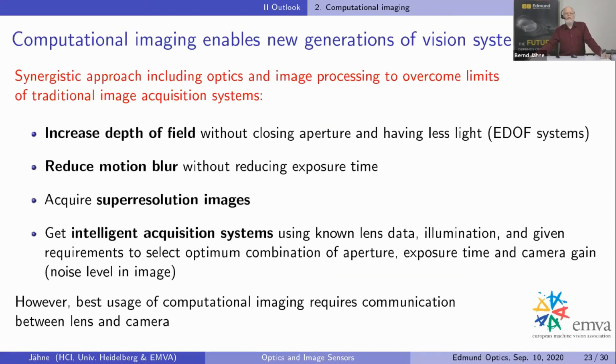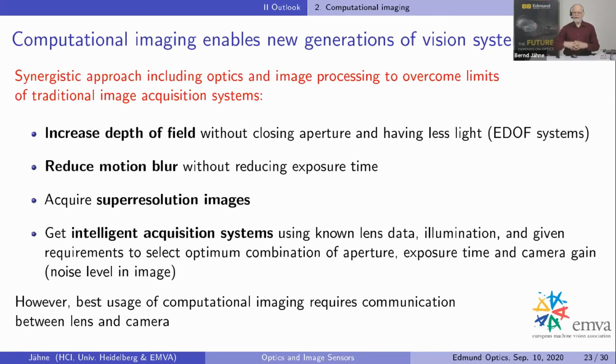And this will enable in the near future a whole new generation of vision systems. You deviate from the traditional approach. The traditional approach is, here I have my lens, here I have my camera, I try to make a perfect lens, well adapted to the pixel size, of course, and then I have a camera which takes the whole thing.